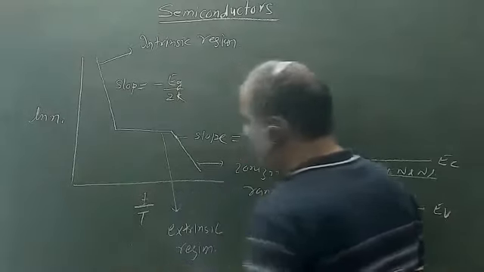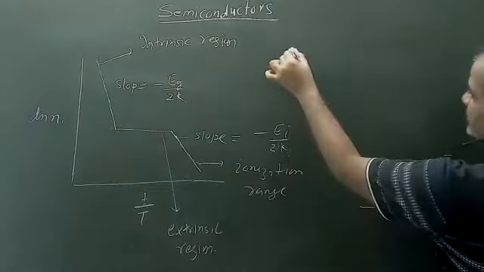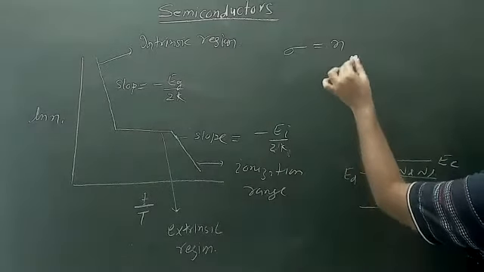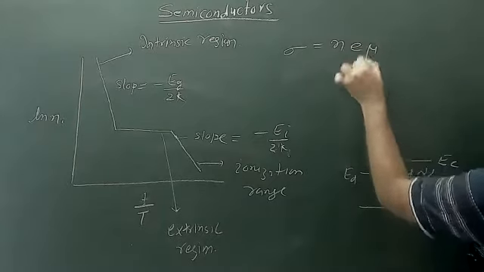Now if I want to draw conductivity, conductivity sigma is equal to carrier concentration times charge times mobility.